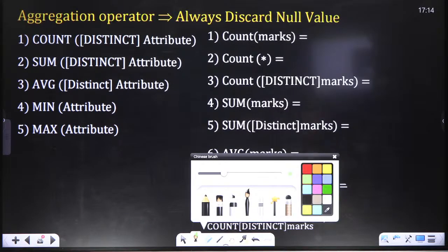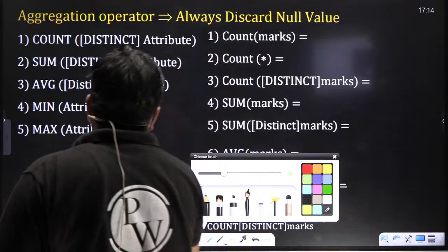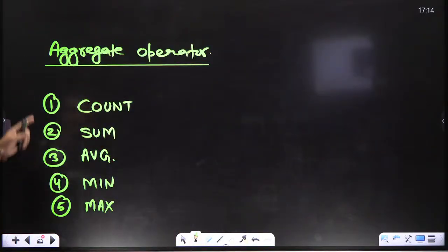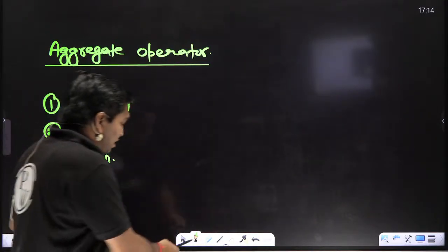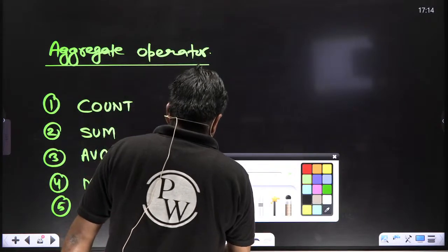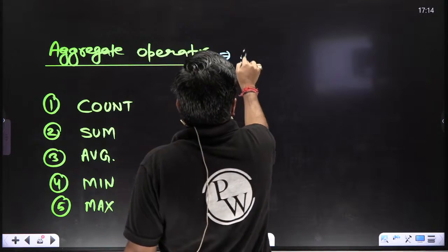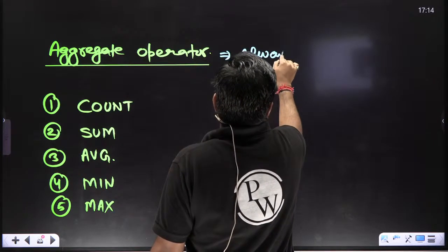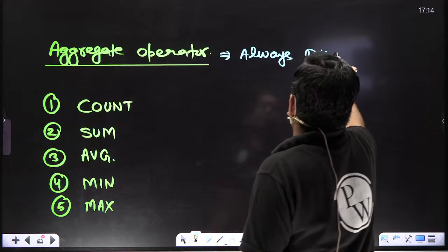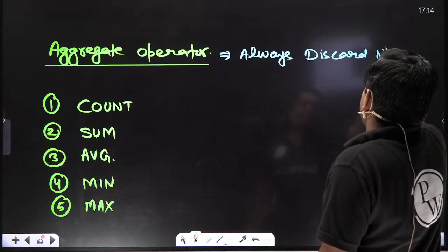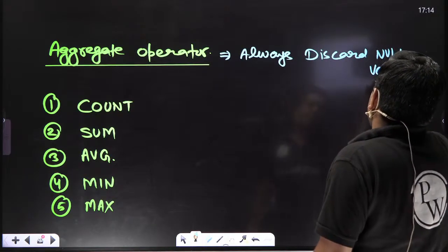Now listen carefully, children. Listen carefully to what I am discussing. Aggregate operators always discard the null values. What is the null value? I already discussed it, in the foreign key concept.